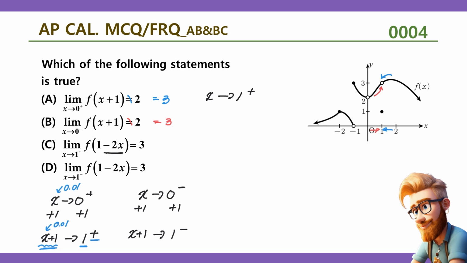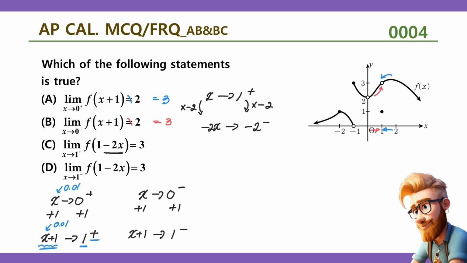So what I'm going to do is multiply each side by negative 2. Then we have negative 2x approaches 1 times negative 2, negative 2. When a negative number is multiplied, the direction actually changes. So negative 2x approaches negative 2 from left-hand side.